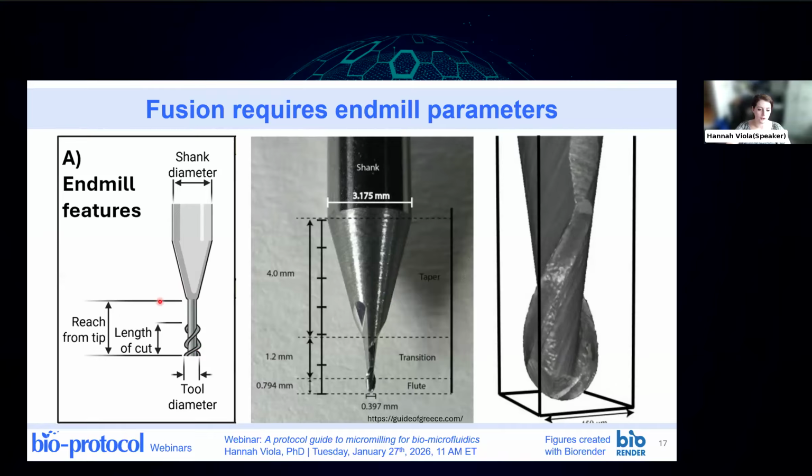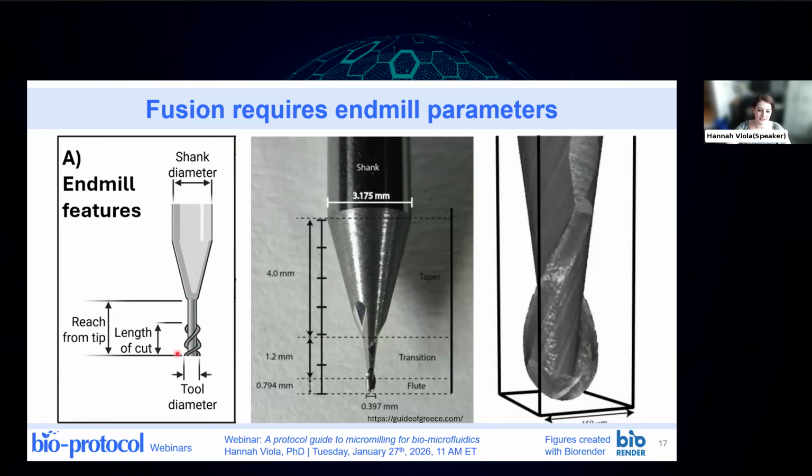And so that's why the Fusion simulation is going to ask for the reach from the tip, which I usually give as the bottom of the taper zone, because I don't even want to go up to the taper zone. I will just say, start warning me if I try to drill anything lower than the skinny part of the tip, which would be probably here, I would say.